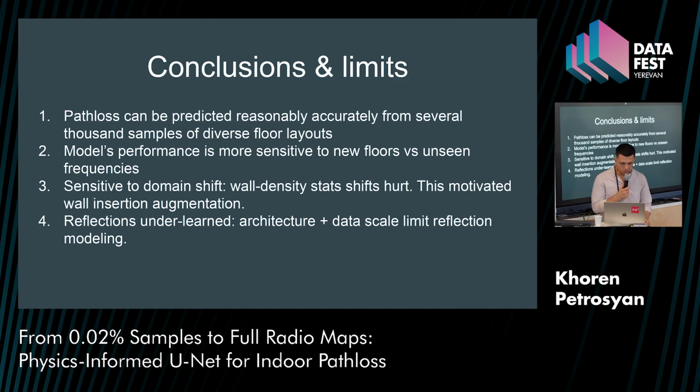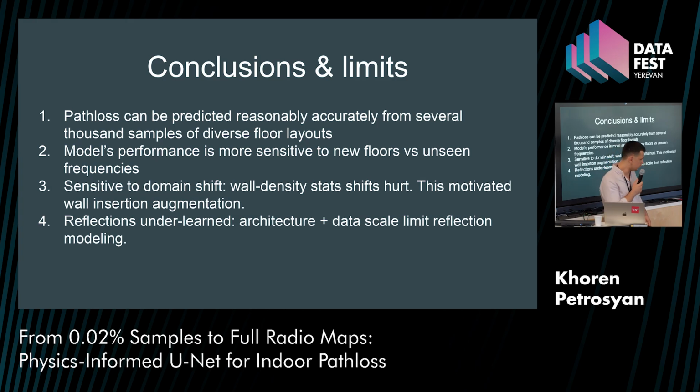Okay, the models are still very sensitive, and even though the pathloss values can be predicted reasonably accurately, we find that new floor layouts that are significantly different or have very different wall density will degrade prediction accuracy. This is probably due to limitations in dataset size, which was just a couple of thousand samples.